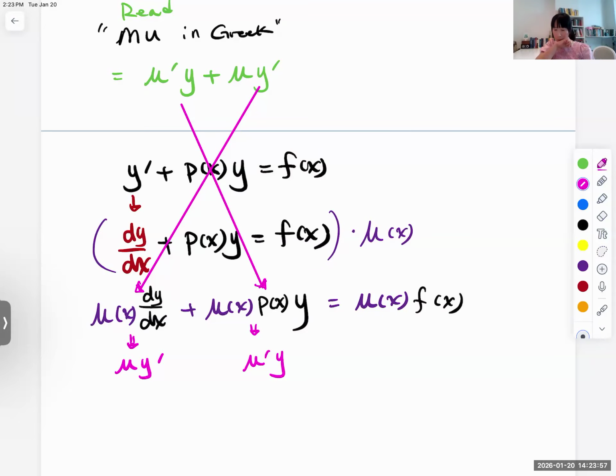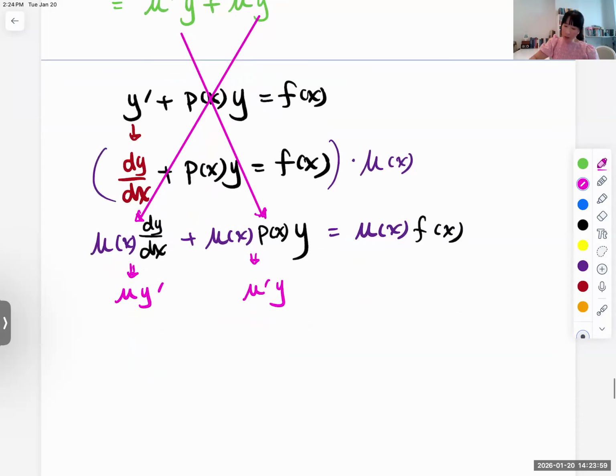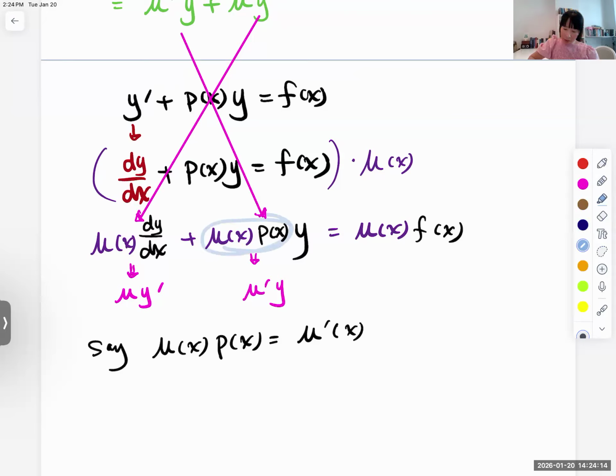Then we can say mu of x p of x equal to mu prime of x. Make sense? We just want to make that form.